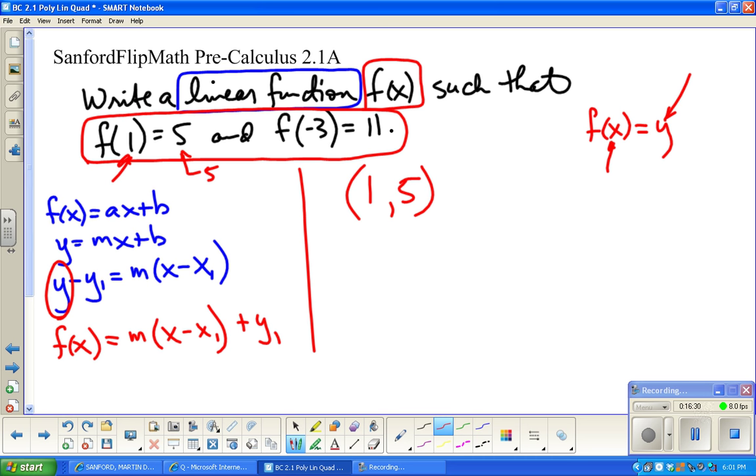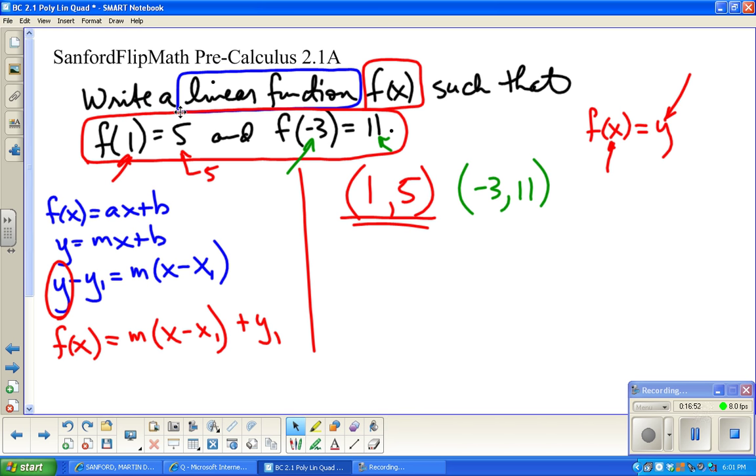So f of 1 equaling 5 is just that ordered pair. That's all that is. Similarly, this is a y value, this is an x value, and this is an ordered pair again. So really, this is the same kind of problem that we just had a second ago.